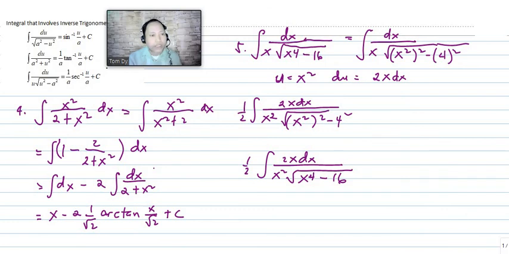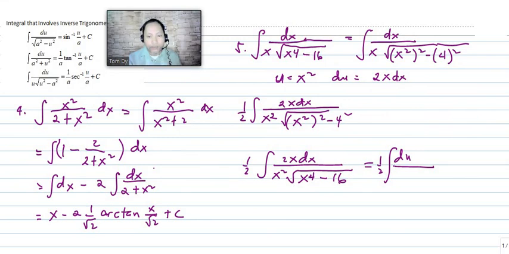Notice this one, you have u equals x squared, x to the fourth is u squared. Anyway, we write this in this form: you have 2x dx, that is our du, divided by x squared, take note, u, times the square root of u squared, x squared squared being x to the fourth, minus 4 squared.